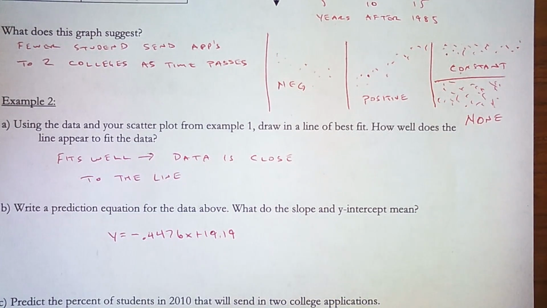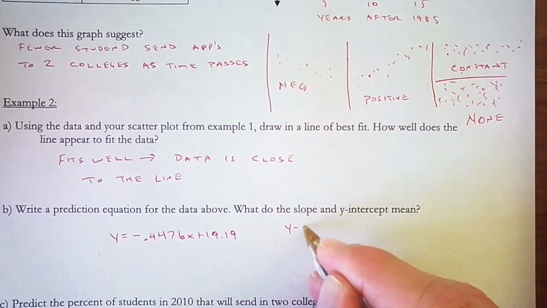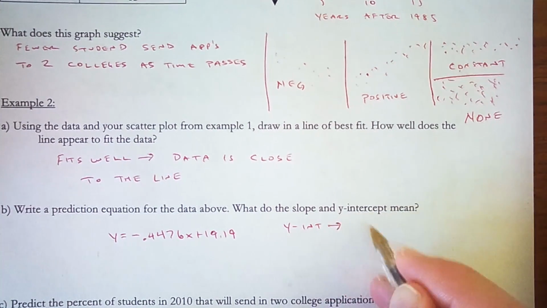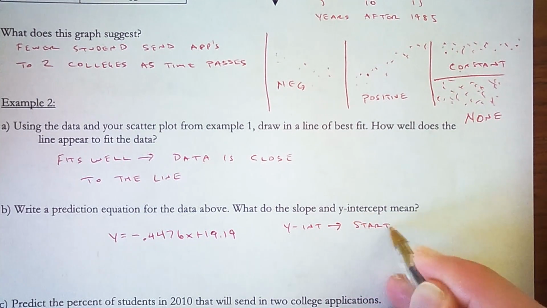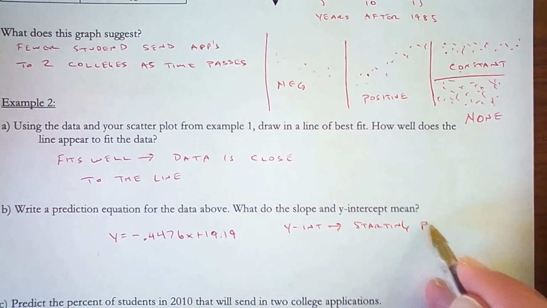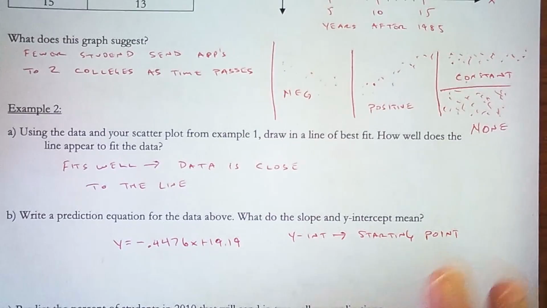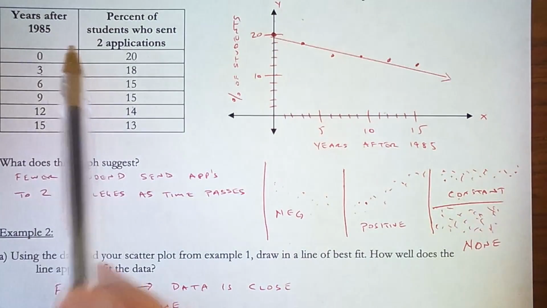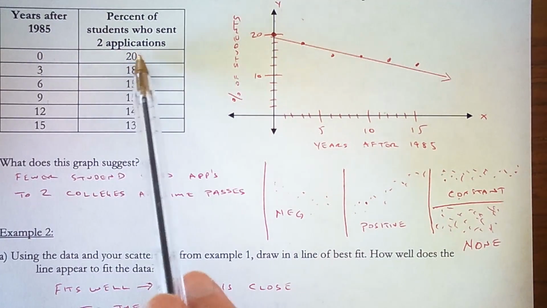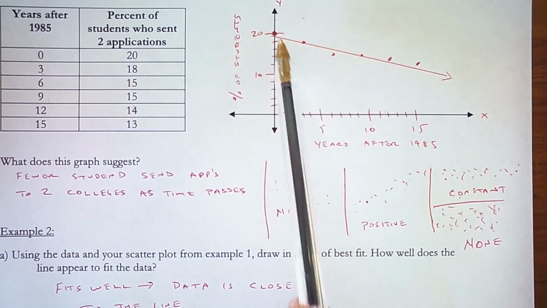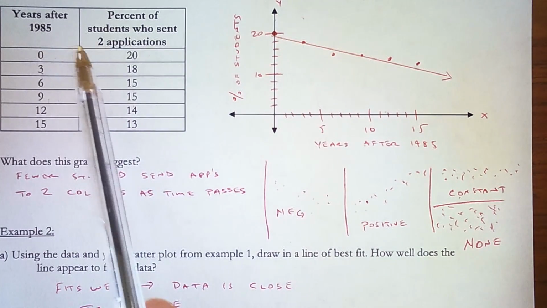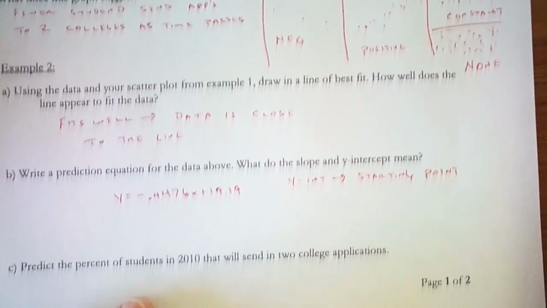What do the slope and y-intercept mean? So the y-intercept is the starting point. So it's saying that we really started with 19.19%. Now we saw up here at 0 we were at 20%. And that's okay. The line of best fit doesn't necessarily hit every point exactly.